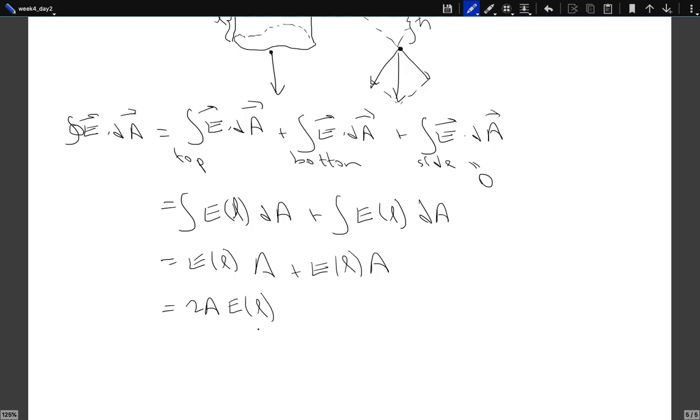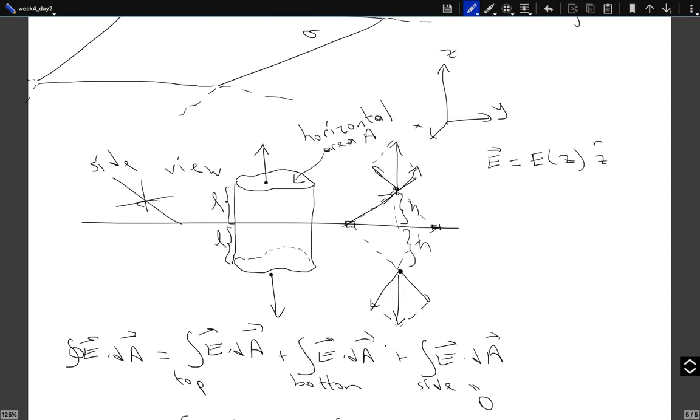This is the integral of E dot dA. Now I use Gauss's law. Gauss's law tells me that this integral of E dot dA should always be equal to the enclosed charge divided by epsilon 0. This is where I write Gauss's law. Let's look at the total enclosed charge.